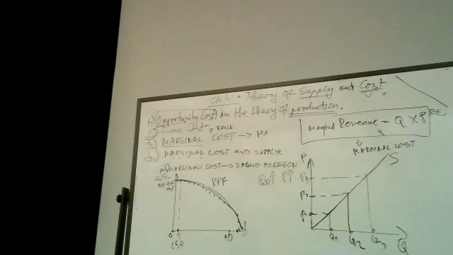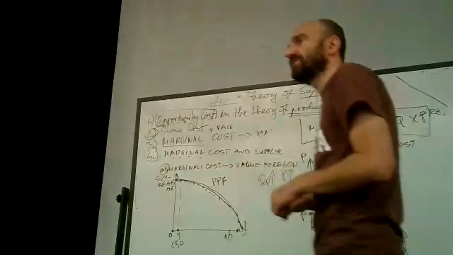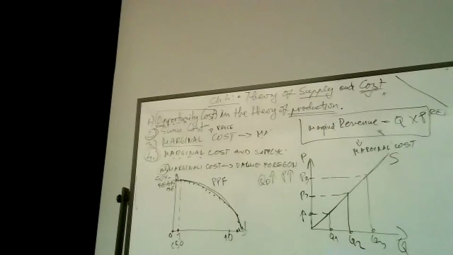Let's not think about the supply curve as only the supply curve of an individual producer, but as a supply curve for the whole market. Remember this distinction between individual demand curve and total market demand curve. Individual demand curve is how much of a certain good will be bought by a single person at any given price. Higher the price, lower quantity bought.